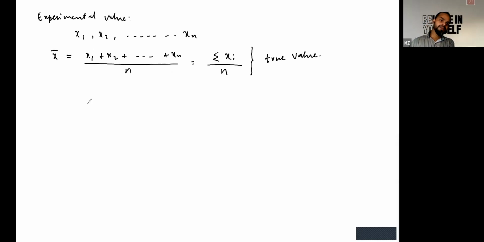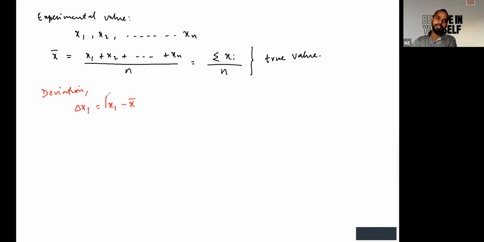Now, try to take the deviation or difference of each data with respect to its true value. So we can call it as deviation. Let's say delta x1. So it would be x1 minus x bar. This difference would may be positive or negative.